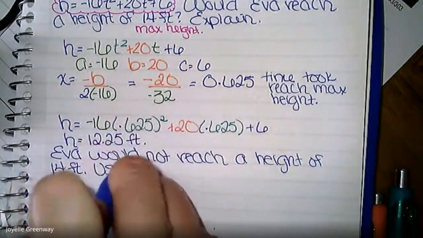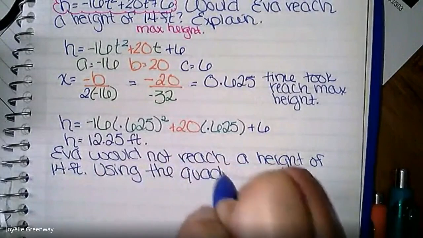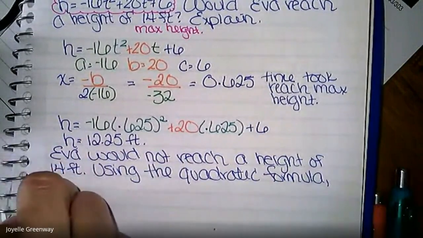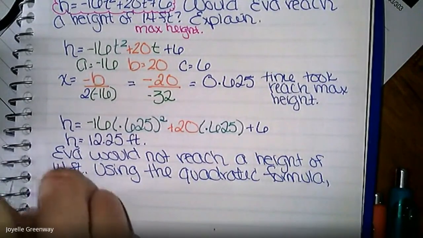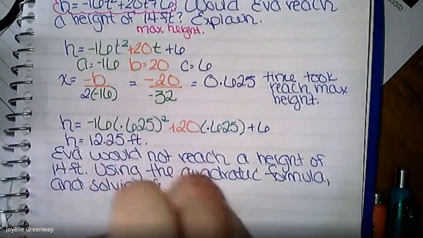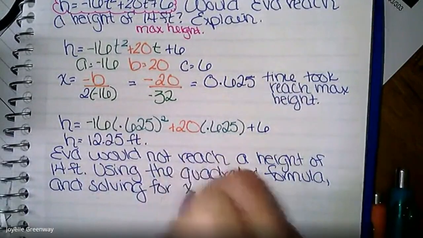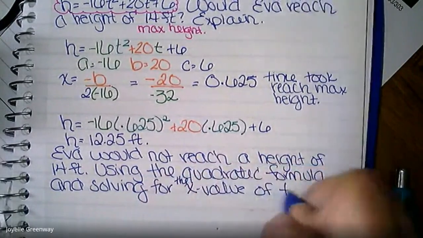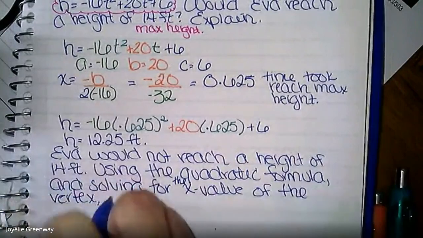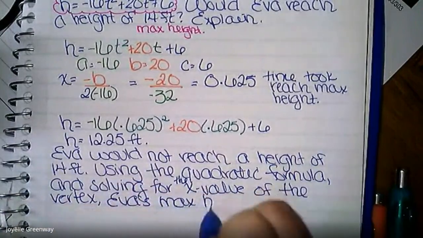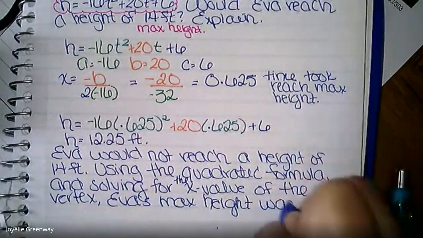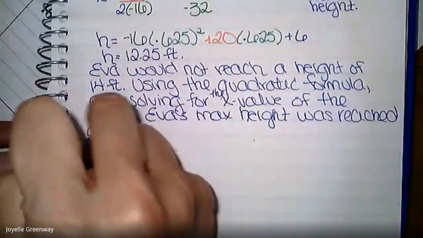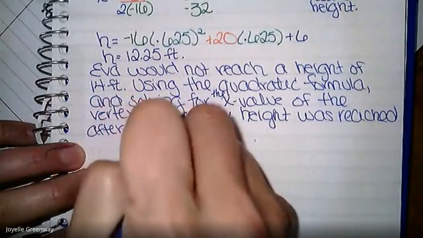So using the quadratic formula and solving for x, for the x value of the vertex, Eva's max height was reached after 0.625 seconds.